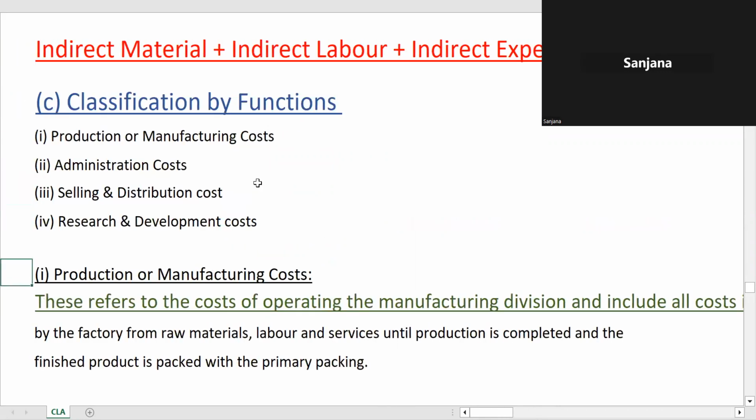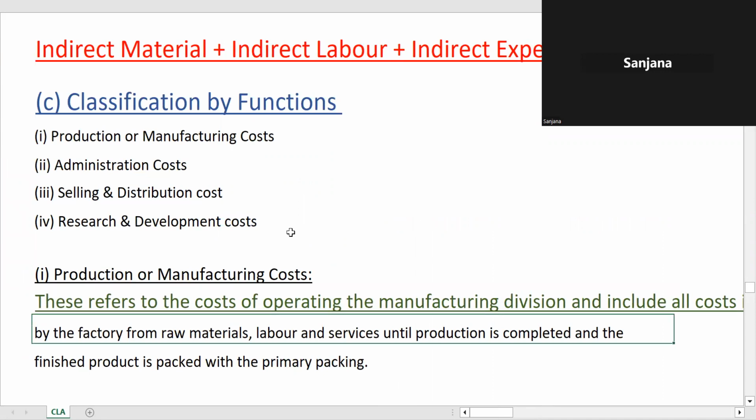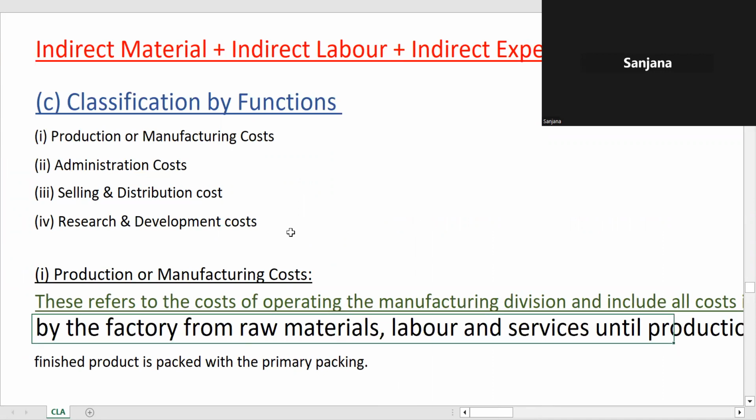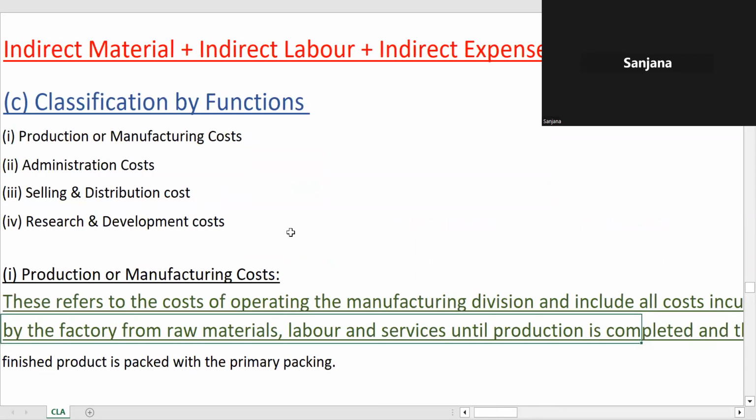So similarly, here they have used the word cost. Cost means it includes raw materials, labor, services, whatever before production you have incurred the cost.